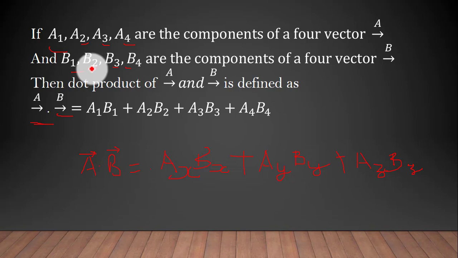These are the 4 components of these 4 vectors. Then the dot product is defined as the product of the components, that is i dot i is 1, i dot j is 0, so the dot product with the other components will be 0. So you can write A1 B1 plus A2 B2 plus A3 B3 plus A4 B4. This is the dot product of 4 vectors.